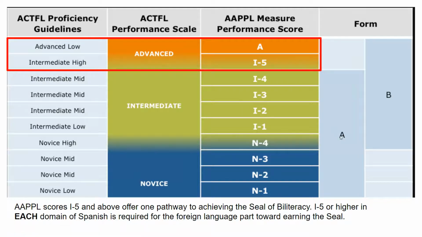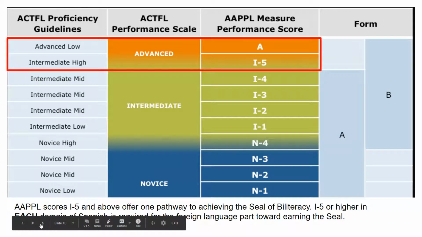For 5th graders, we have a pathway that we're looking at. We're hoping to see students hit the N4 or novice high level to indicate that they are on the trajectory for achieving the seal of biliteracy in high school.